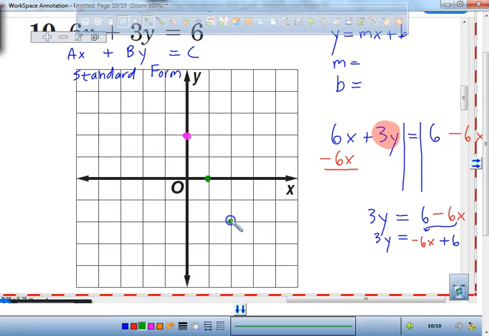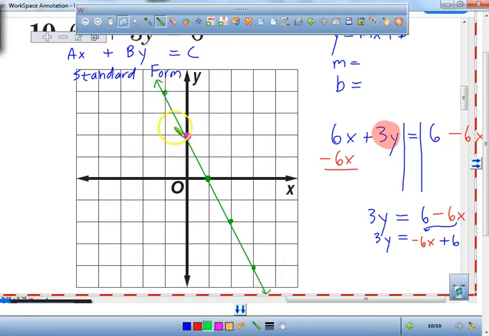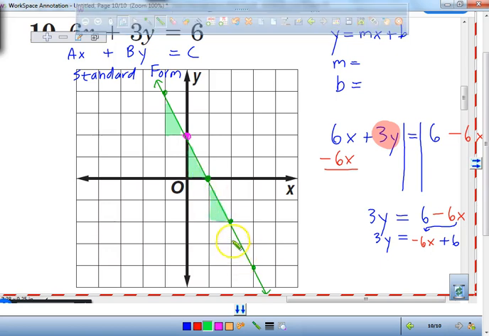Down 2, over 1. Connect that line, and then you guys can have a wonderful day. Yes, I'm going to shade it going down 2 and over 1, so you guys can see the stairs. Down 2 over 1. Have a wonderful day. Hopefully you know how to change the standard form to slope-intercept.